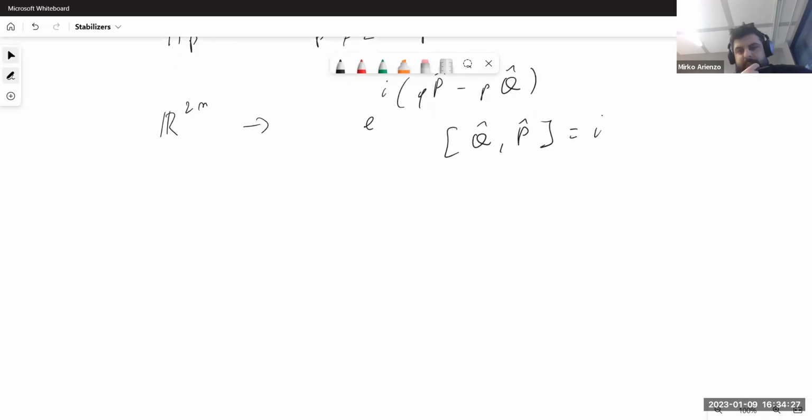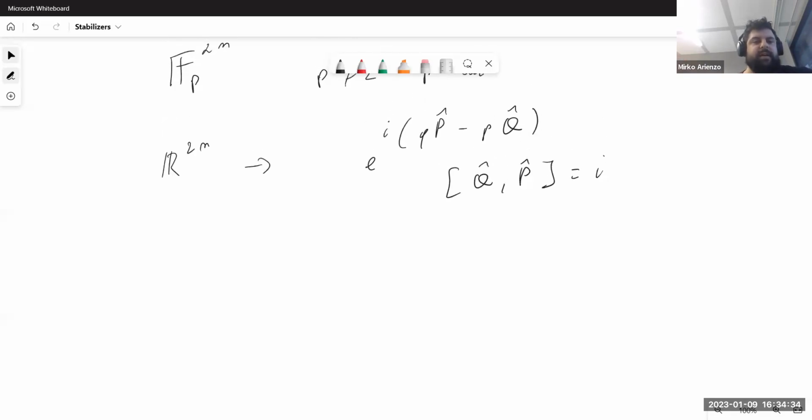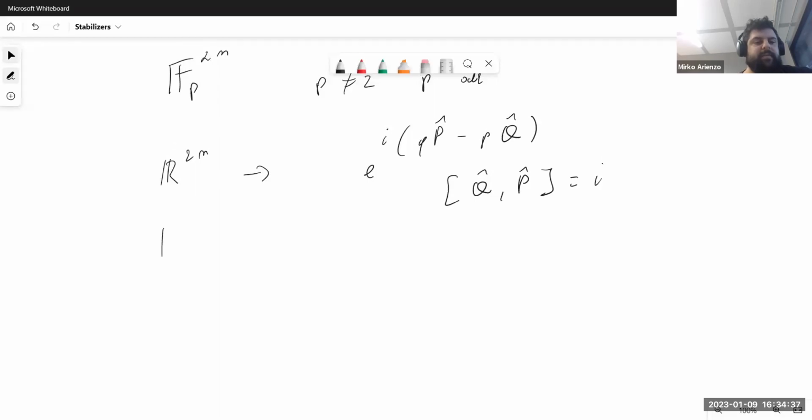And to do this, we need to introduce a technical tool that is the discrete Heisenberg group that we denote in this way. This is a group of pairs, let's write in this form, where the composition rule is this one.